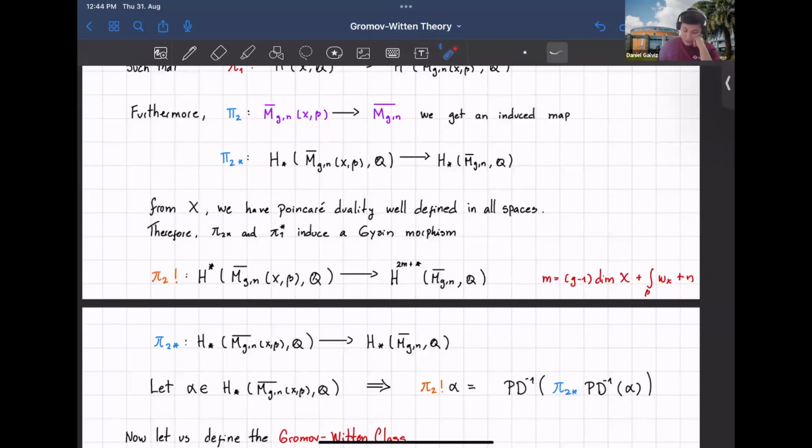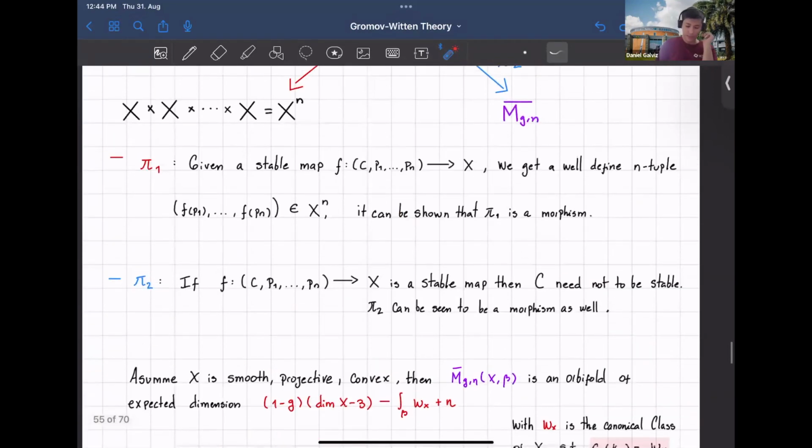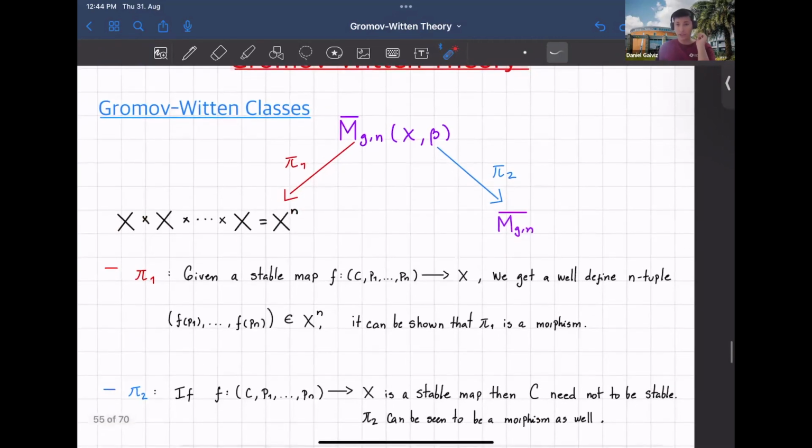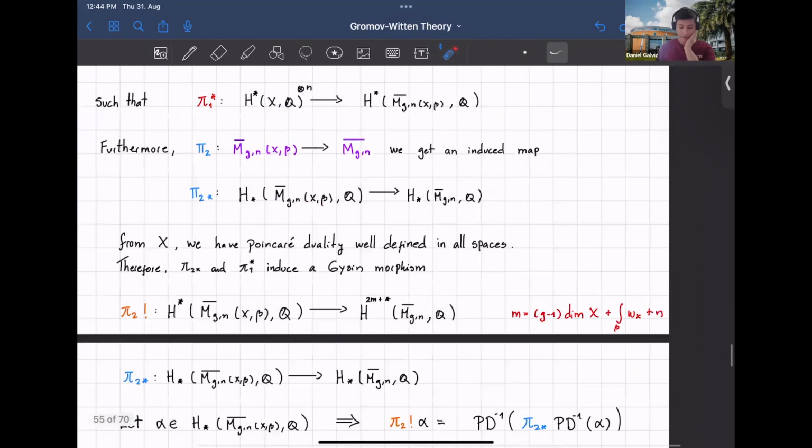Then you apply the push forward of P2 to have it in this homology class of the moduli space, and then you want to bring it back to the cohomology, so you apply the Poincare dual. So this is basically how you can compare these, because they live in homology and cohomology classes, and you do this by the Poincare dual.